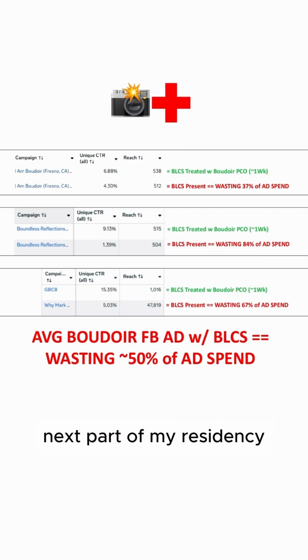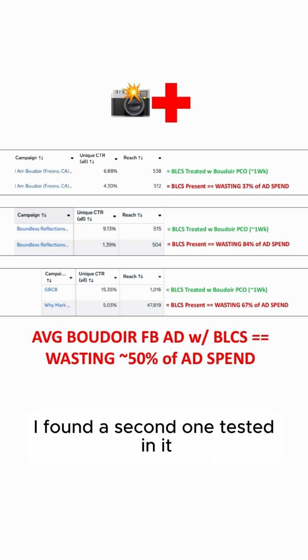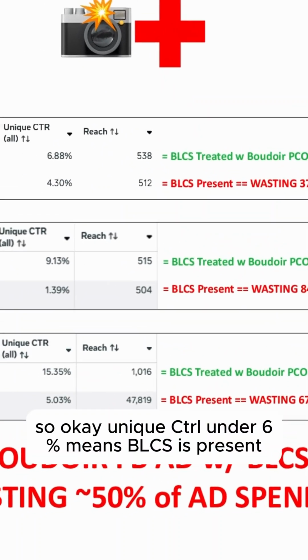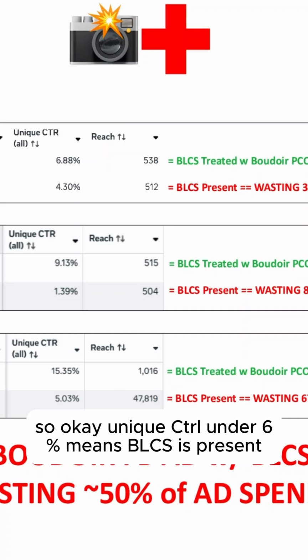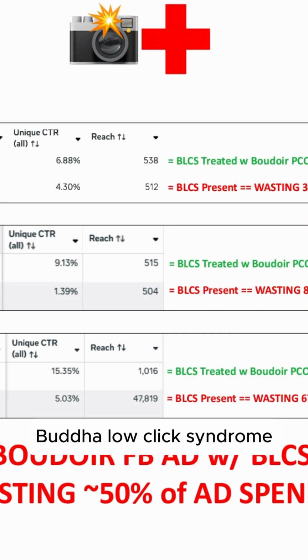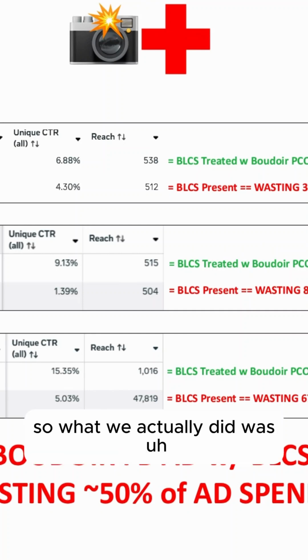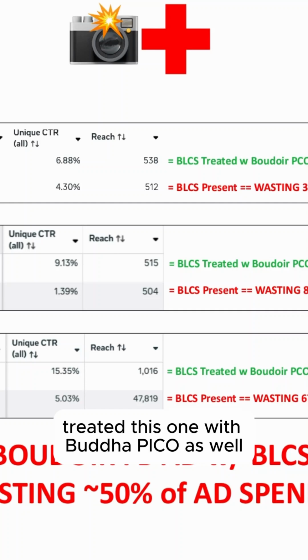Next, part of my residency, I found a second one, tested it, found its unique CTR all was 1.39%. So, okay, unique CTR all under 6% means BLCS is present, Boudoir low click syndrome. So what we actually did was treat this one with Boudoir Pico as well.